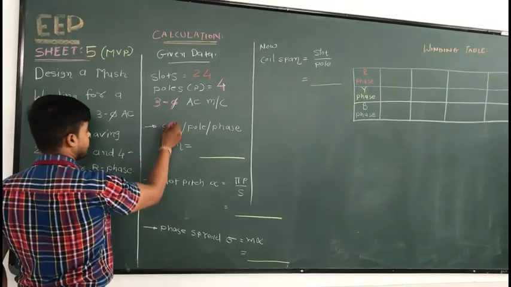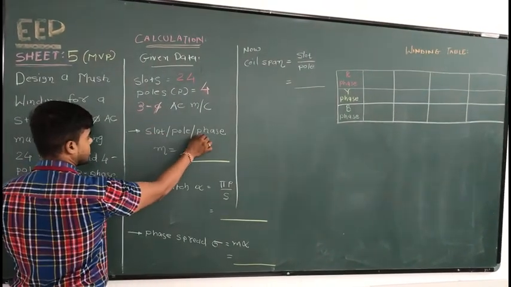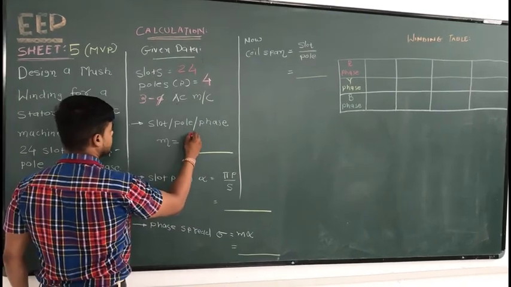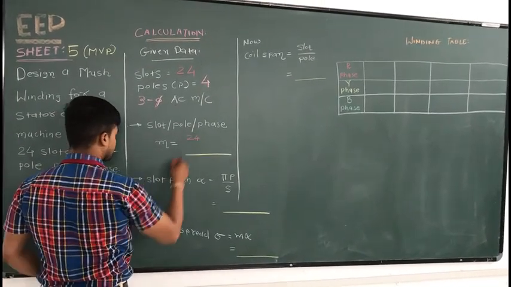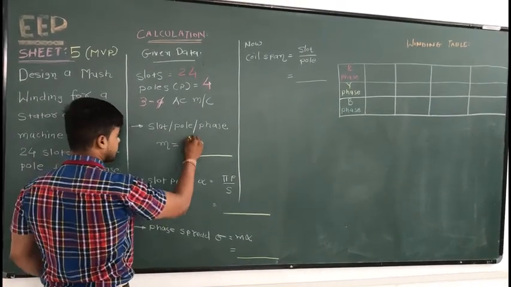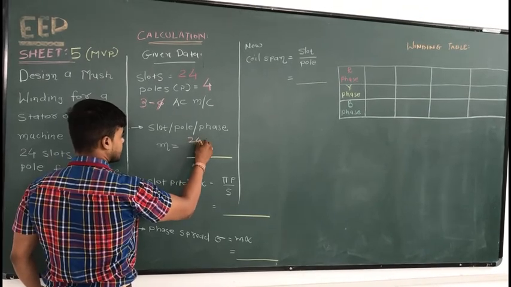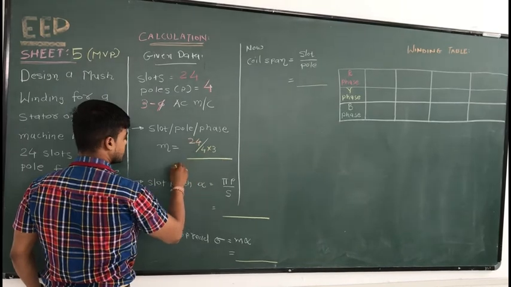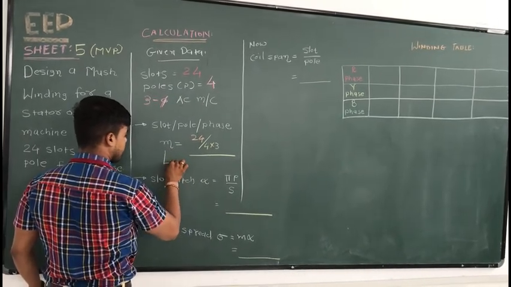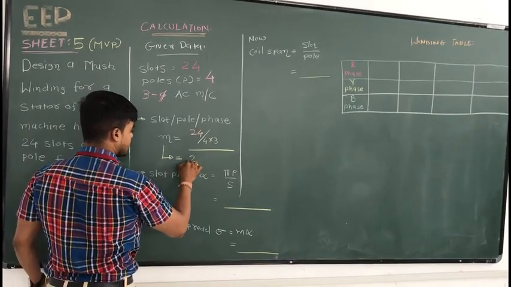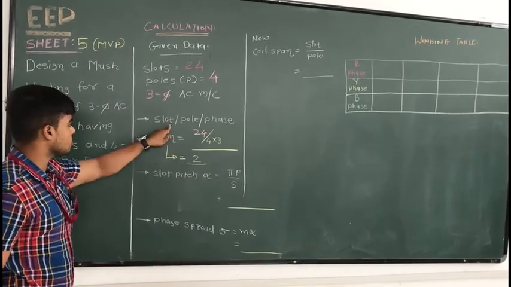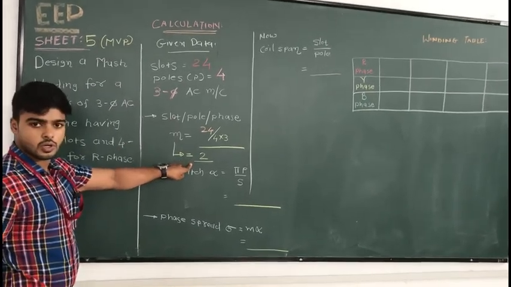From the data, we first have to find slots per pole per phase, small m, which is 24 slots per pole per phase. So our value of m is equal to 2, which means slots per pole per phase is equal to 2.